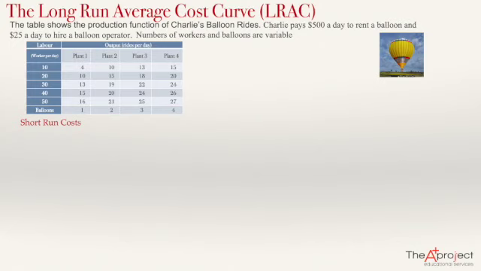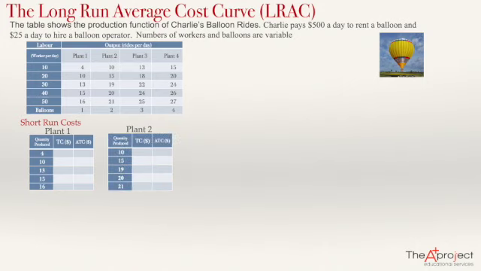So let's analyze this. Let's see what happened in plant 1. When we are using only 1 balloon, what will be the cost? Or what could happen in plant 2? What happens if we are working with 2 balloons and the only variable is the number of workers?